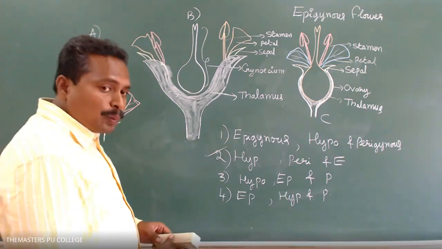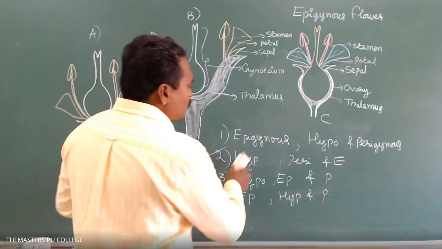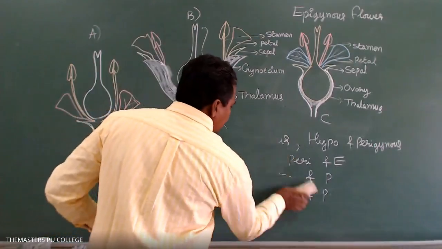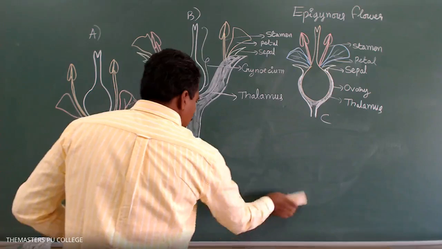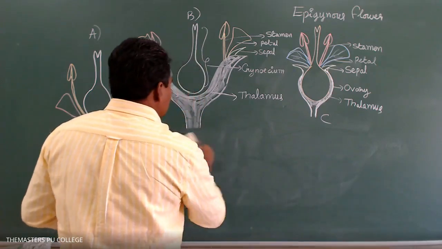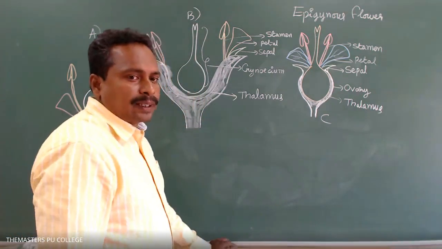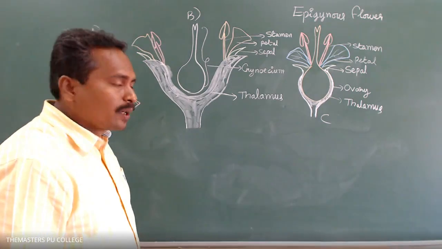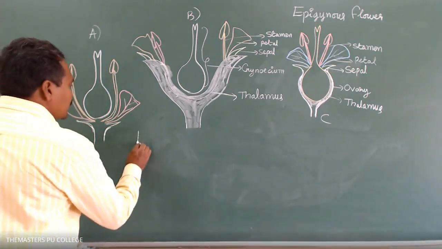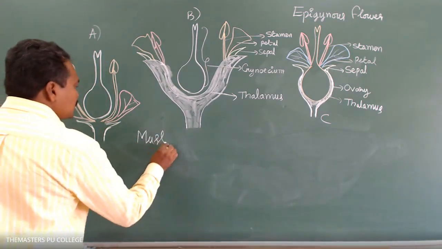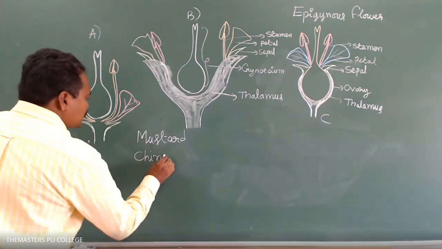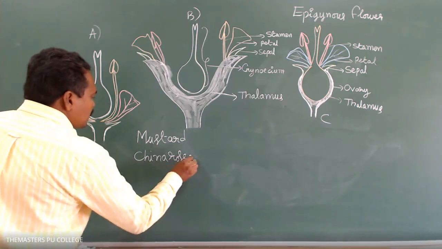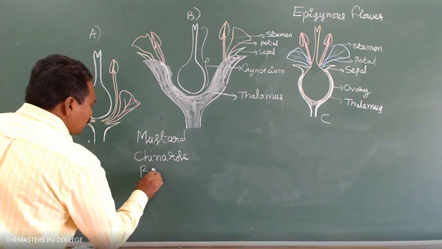First of all, you have to know about the hypogynous flowers. In some plant species, the flowers are hypogynous, such as mustard, China rose, and brinjal.